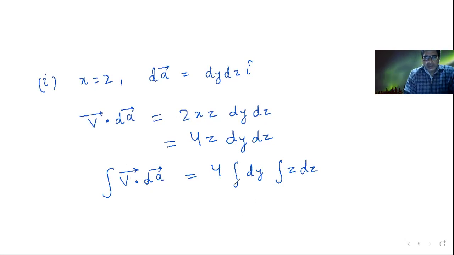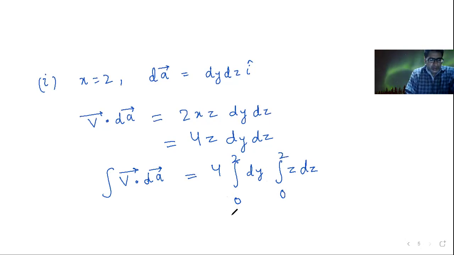Limits of integration along y, as indicated in the figure: along the y direction, the face extends from the origin to coordinate 2, so it is 0 to 2. And along the z direction, the area extends from again the origin to z equal to 2, so it is 0 to 2.